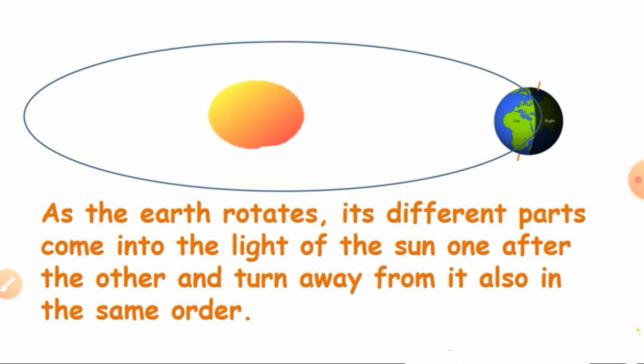As the earth rotates, its different parts come into the light of the sun, one after the other, and turn away from it also in the same order.